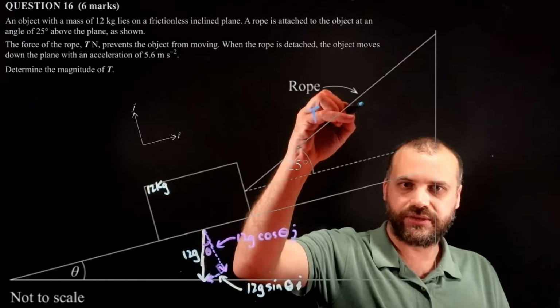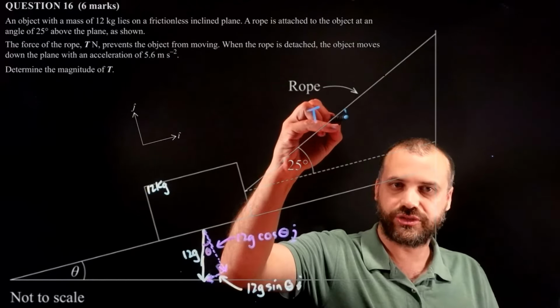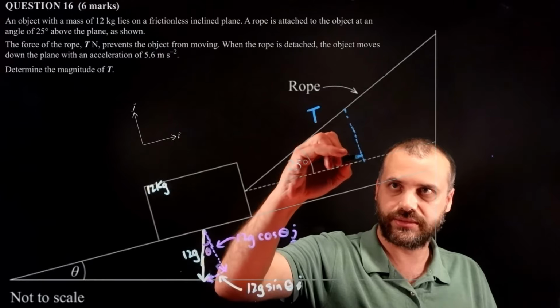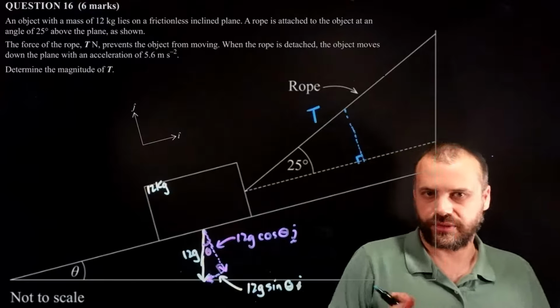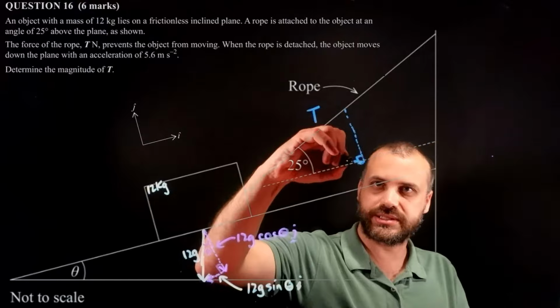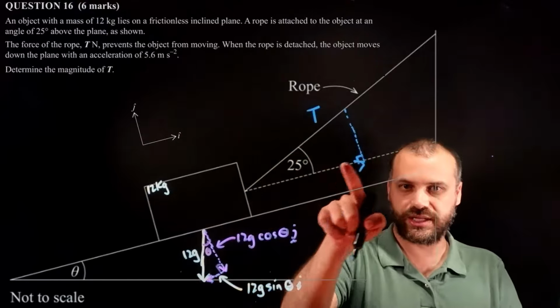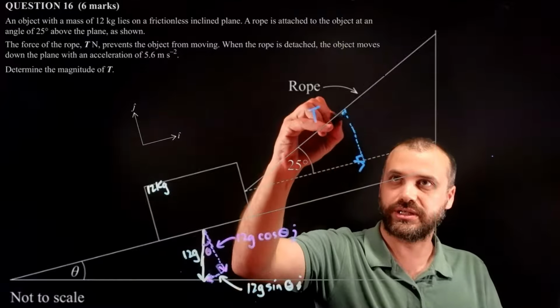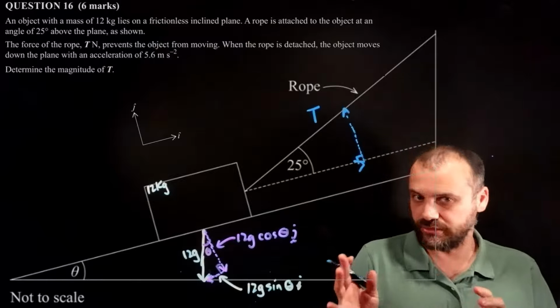And now, if I draw a nice little right angle triangle again, do my best. Right, now we can come up with some amount of tension in the purely i direction and some amount of tension in the purely j direction.